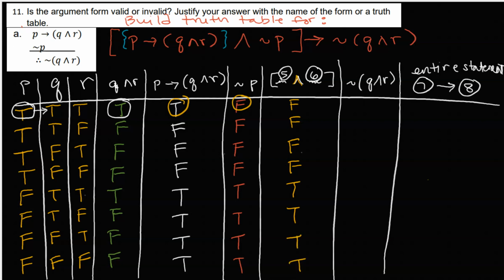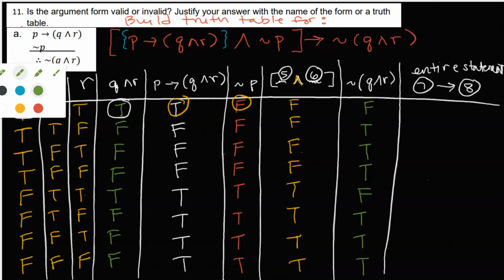And then here we would say we have the negation of Q and R. So that would be the opposite truth value of the green column. So opposite of that would be false, true, true, true, and then false, true, true, true.